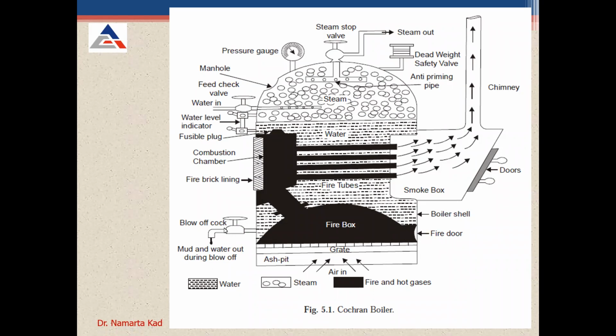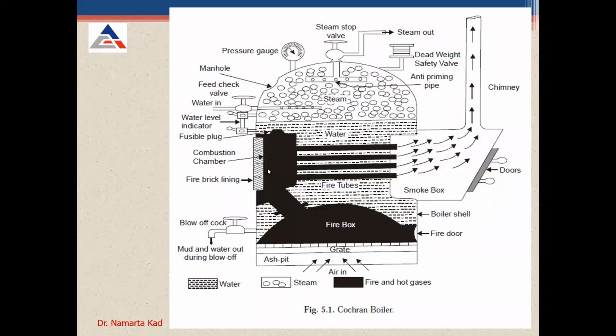Okay, here this one is the blow off cock to remove the mud and water out during blow off. Then here is the fire brick lining in the whole cylinder, so that little heat is wasted to the atmosphere.